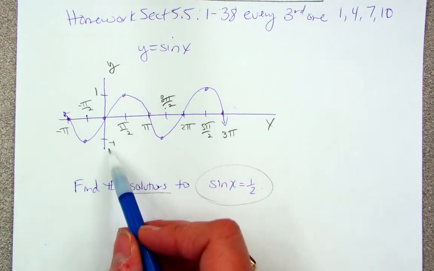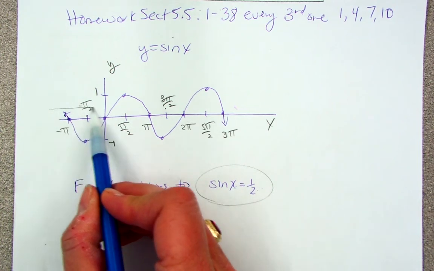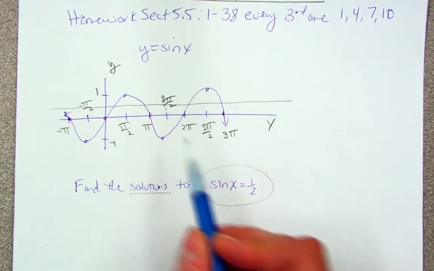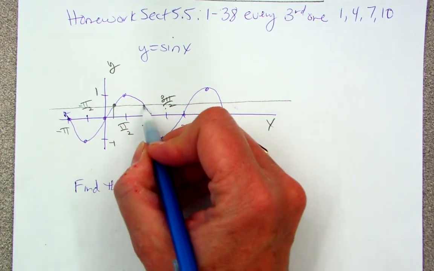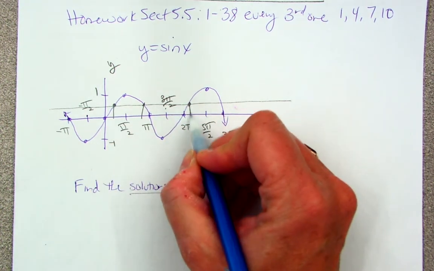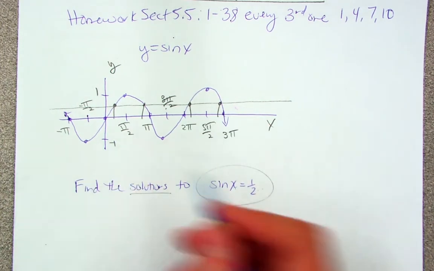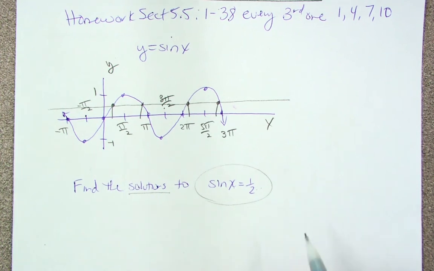Well, here's my y-axis. If this is 1, then 1/2 is in here, right? All of those are on that line. And so I need to find the intersection. So it's at this x, and this x, and this x, and this x forever, in both directions, positive and negative, right?